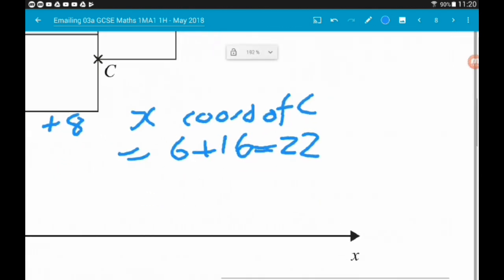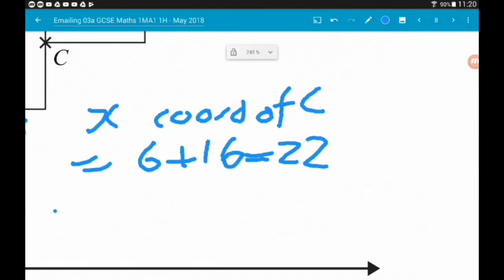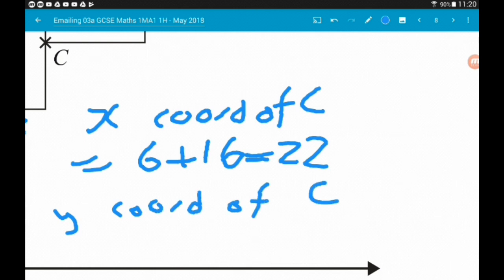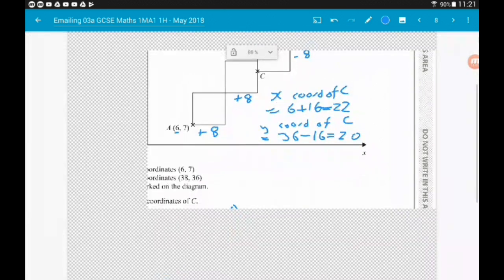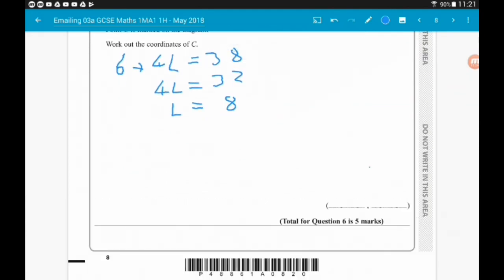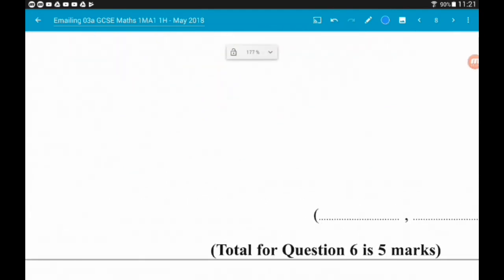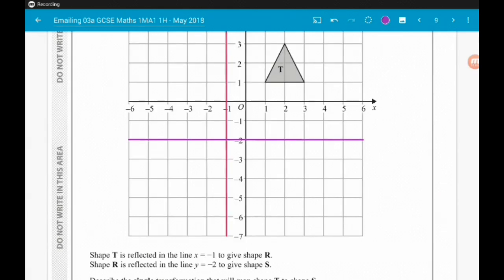So the y coordinate of C is 36 minus 16, which is equal to 20. So the coordinates of C are 22, 20. Good times.